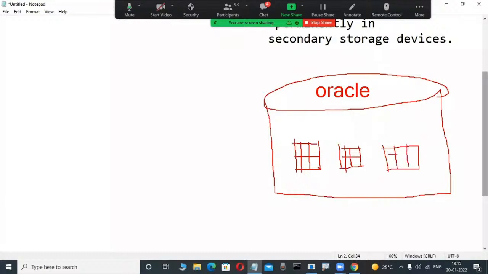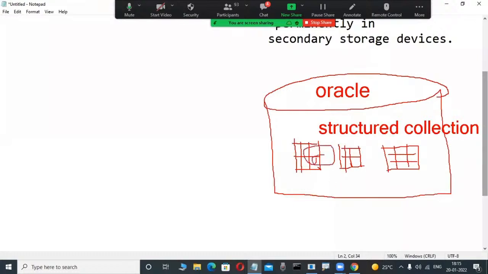All relational databases store a structured collection of data, not non-structured. Non-structured means other databases. Oracle is one of the popular relational databases.